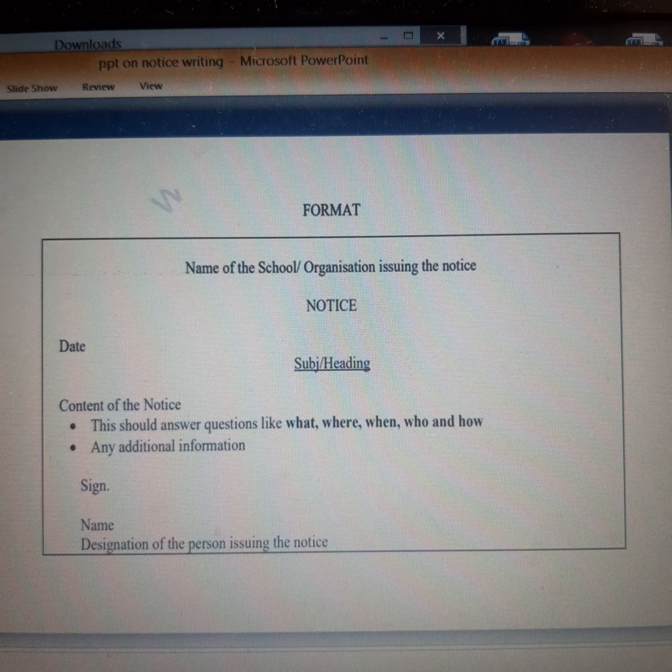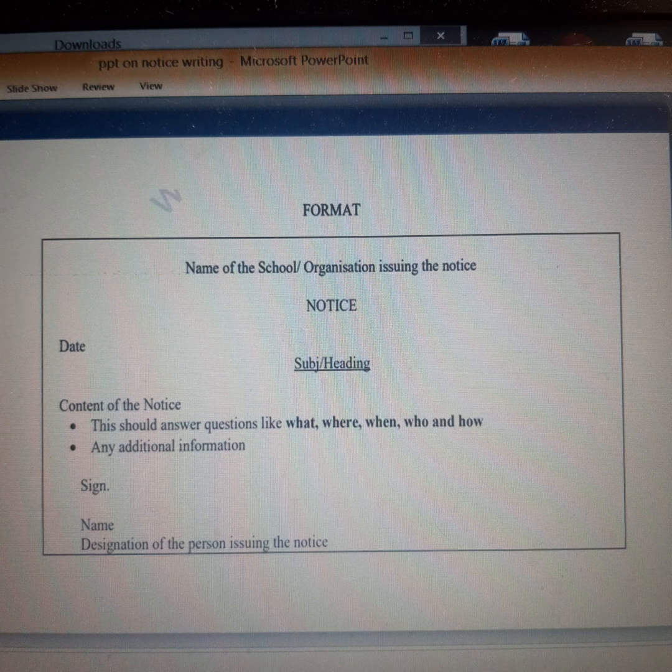For example, I told you that it's a musical concert by ABC Public School. Then the very first line would be ABC Public School, comma, Delhi, followed by the word notice. Can you see? It's written in bold letters, notice.